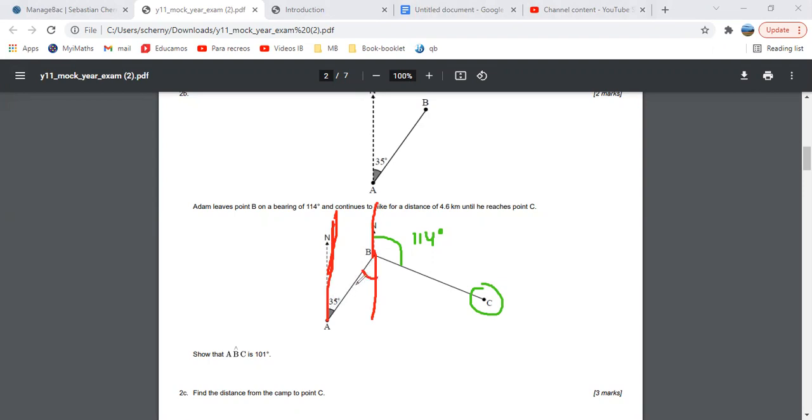So this angle is 35, so this angle is as well 35, which means that this angle here will be 180 degrees minus 35, the supplementary angle. So this angle in pink will be 180 minus 35, which is 145 degrees.